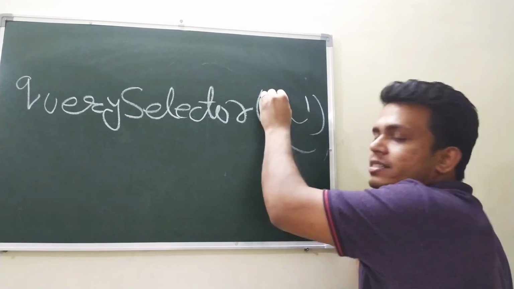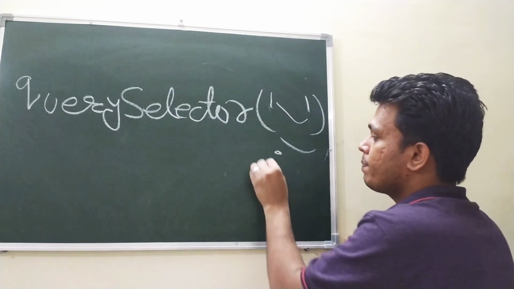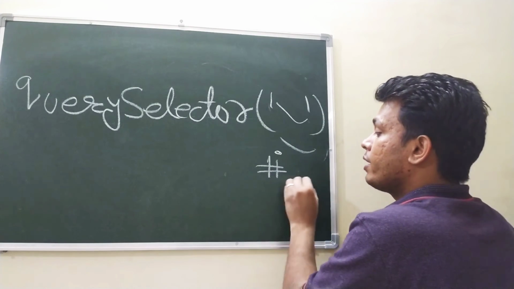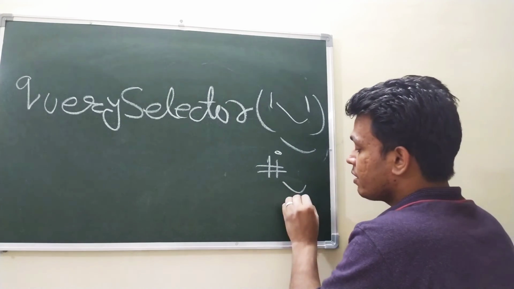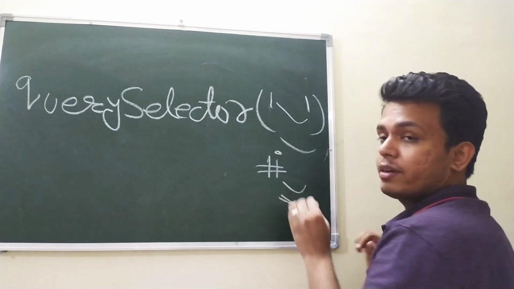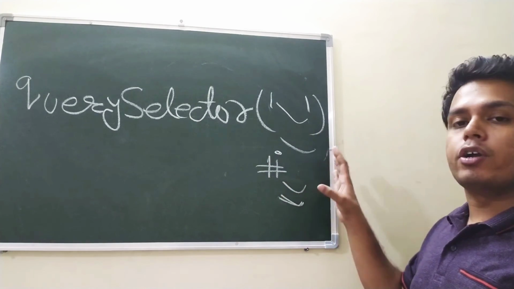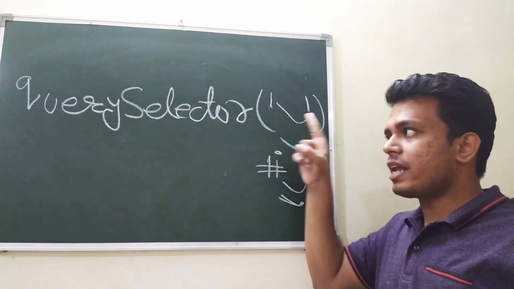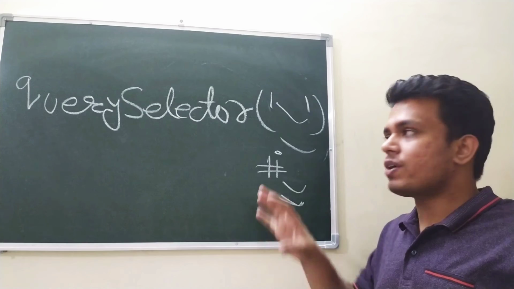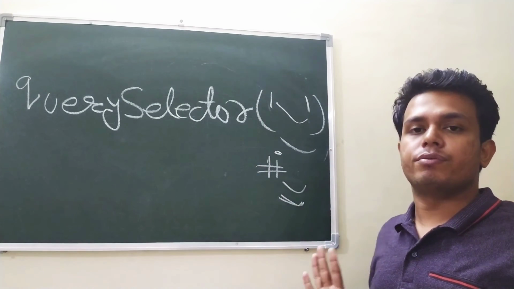You can pass a class name with the help of a dot. You can pass an ID with the help of a hash. You can pass a tag, a class name, or even a name. But this is going to return the first one. The first matching element will be returned by this query selector.